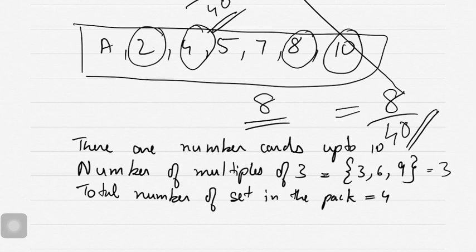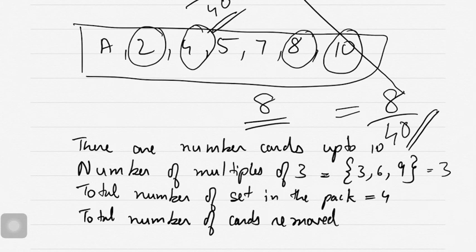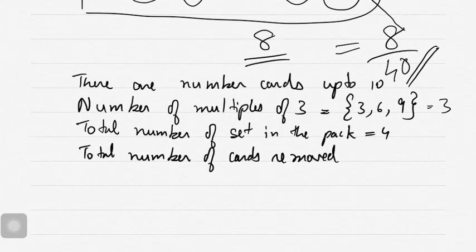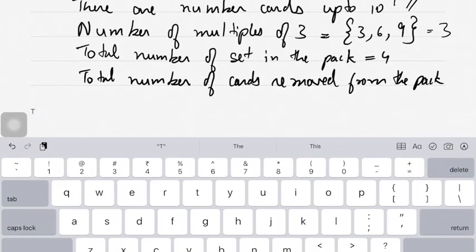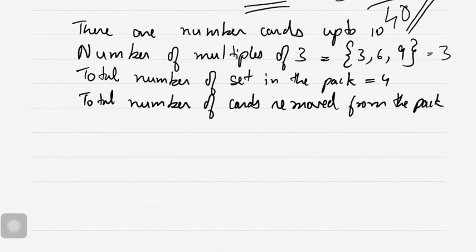There are 4 sets, right? Diamond, hearts, spade, club. Total number of cards removed from the pack is equal to 4 into 3, which is 12.